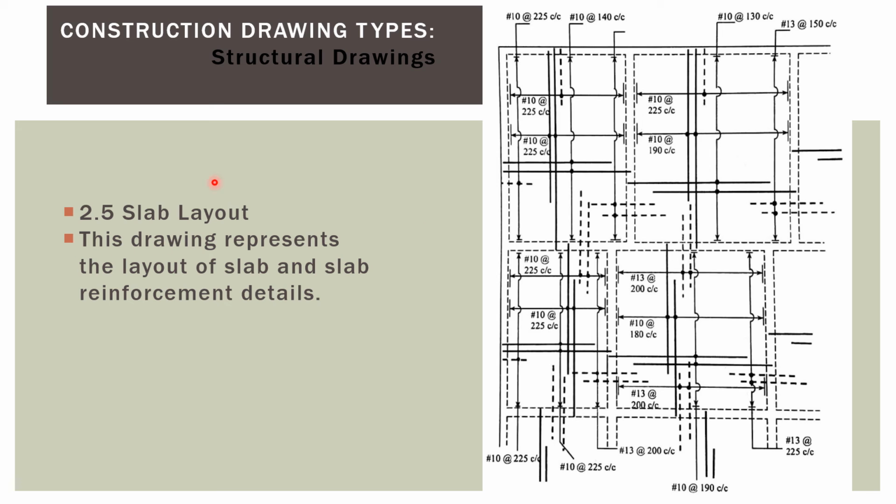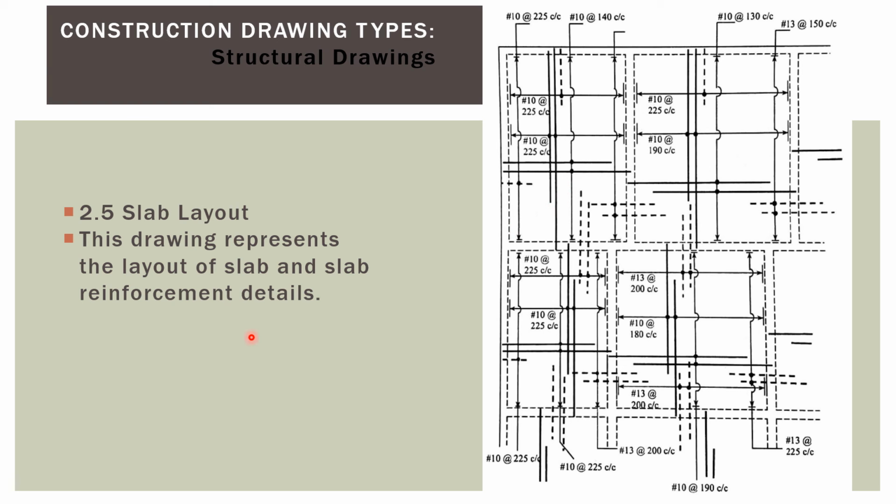Slab layout. In the structural drawing, this drawing represents the layout of the slab and slab reinforcement details. Here are slab first panel, second, third, fourth, the slab bottom reinforcement, top reinforcement, and at the spots what type of reinforcement. The dotted line shows the top reinforcement and the solid lines show the bottom reinforcement.